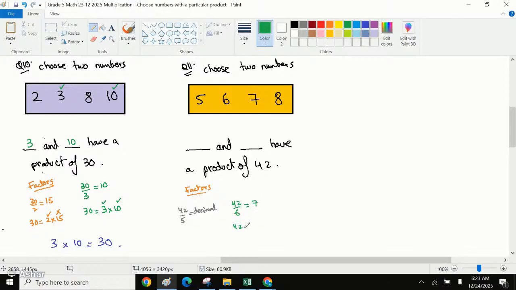So can we say 6 multiplied by 7 would be 42? We have 6 in the options. We have 7 in the options, right? So can we say 6 and 7 have a product of 42? That means 6 multiplied by 7 would be equal to 42. Agreed? Okay, good. Let's look.